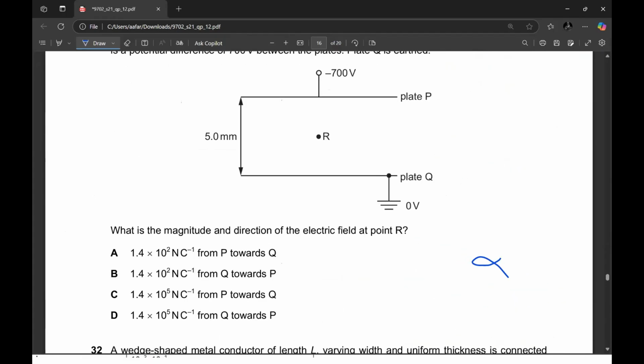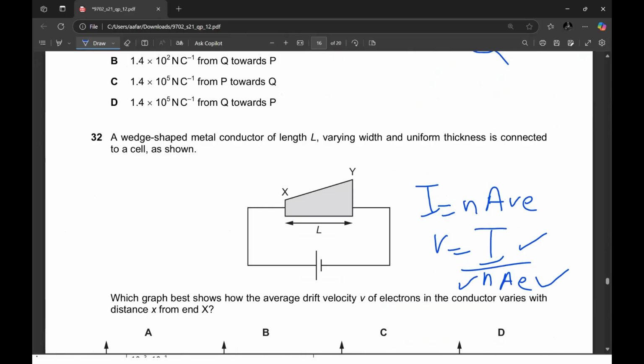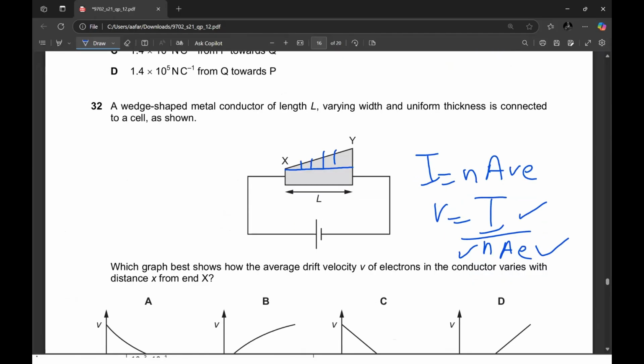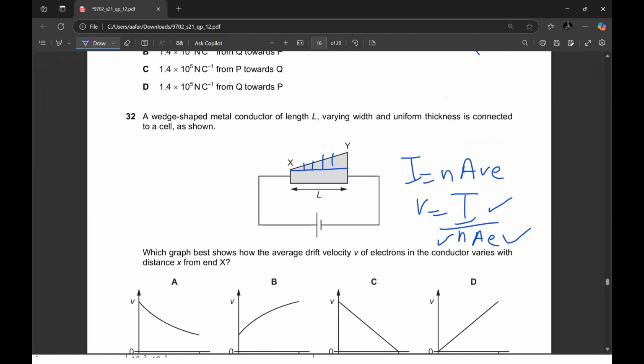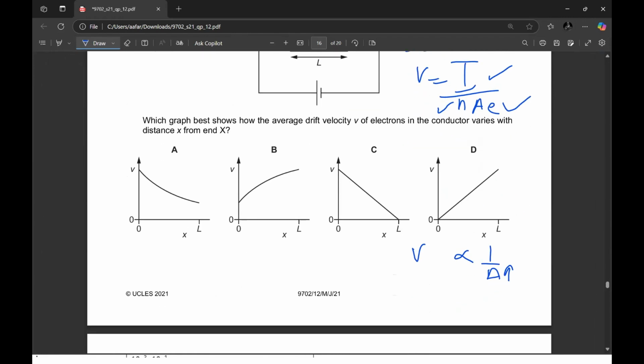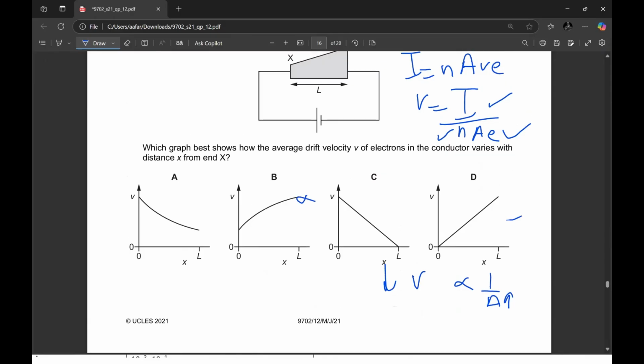So the velocity will decrease, so B and D can't be the options.